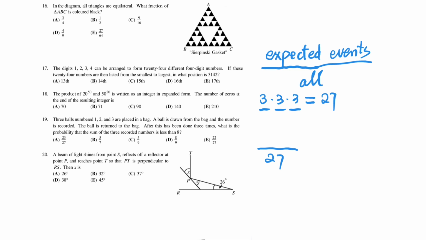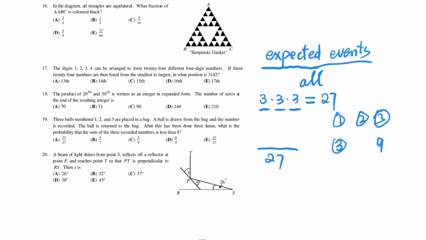Because the numbers are 1, 2, 3, the smallest sum will be 1, 1, 1. That's 3. The largest will be 3, 3, 3. That's 9.